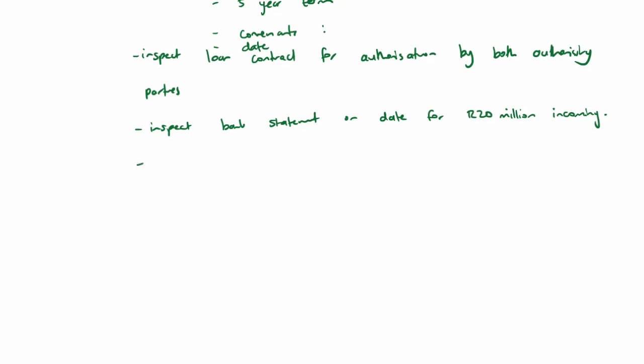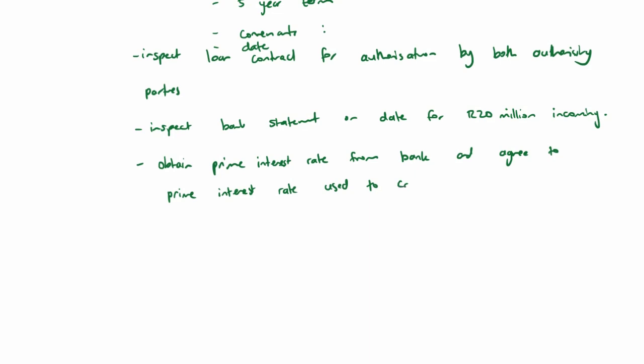So I'm going to go and obtain the prime interest rate from the bank and agree this to the prime interest rate used to calculate the interest expense. I make sure they're using the right rate.